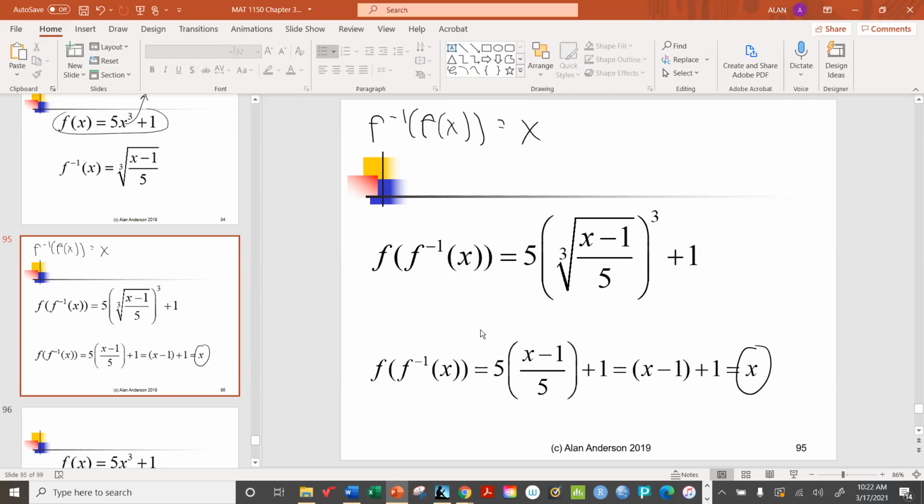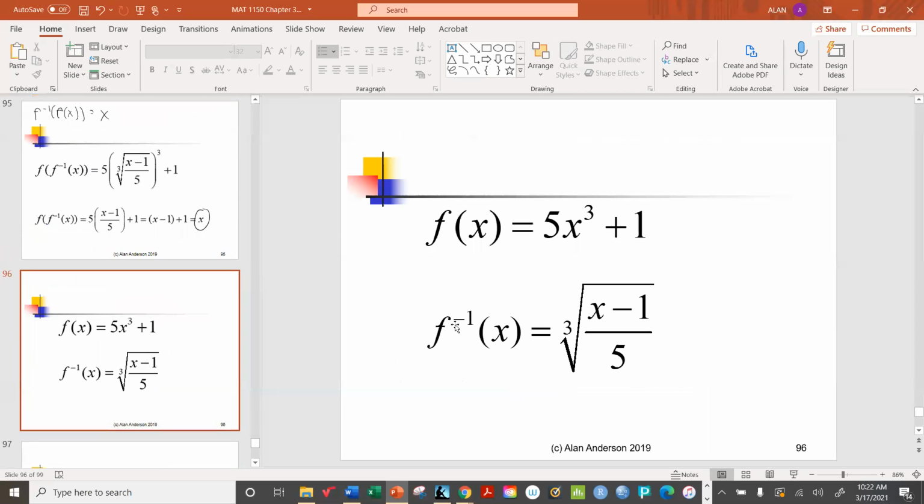Okay, let's jump ahead. So now this time, remember, we need to do f inverse of f of x, or show that this equals x. So what we're going to do here is go to the inverse and replace this x with f of x. That's how this works.